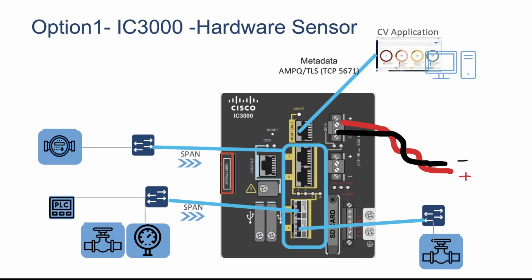Normally the IC3000 can capture from 4 different interfaces or 4 different networks. It has 2 copper and 2 fiber ports, and it could be populated with copper also.